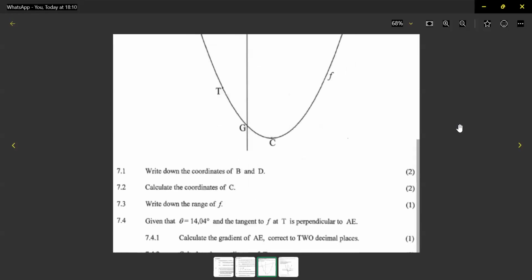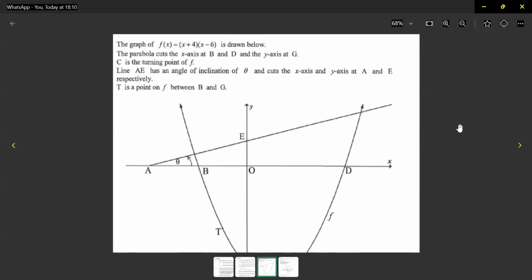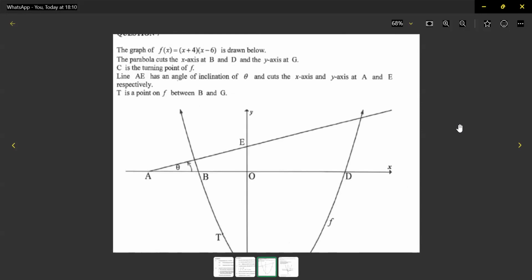So if we look at the next question, it is asking for the coordinates of C. And if you look at C, it is the turning point of the function f. And that's what they told you in the statement. So we actually have two ways, in fact, three ways of finding the coordinates of the turning point of a parabola.